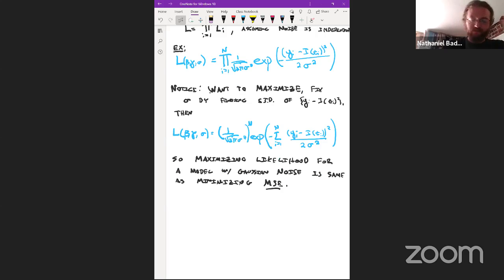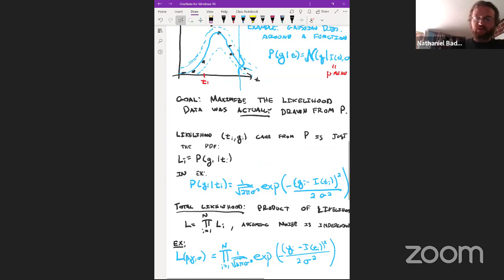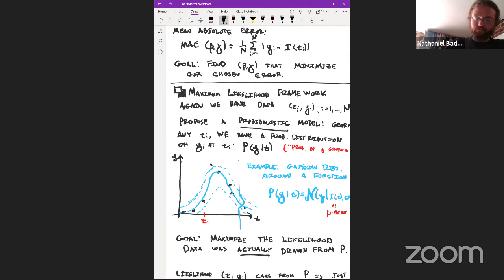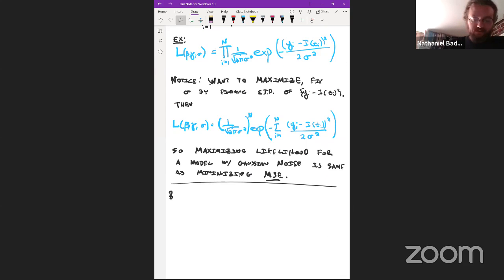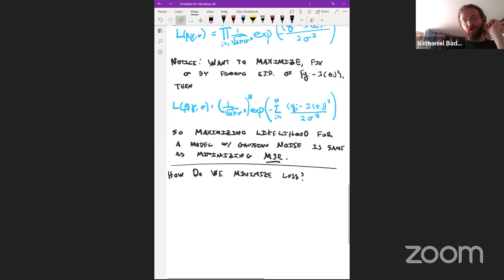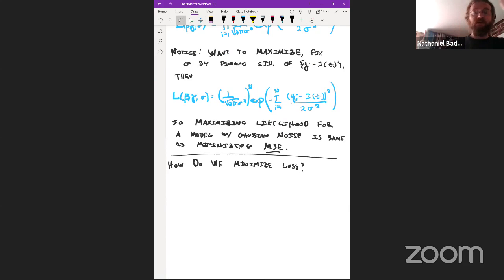So how do we actually minimize things? There's a handful of ways, just to mention them. One, we do a grid search of parameters.